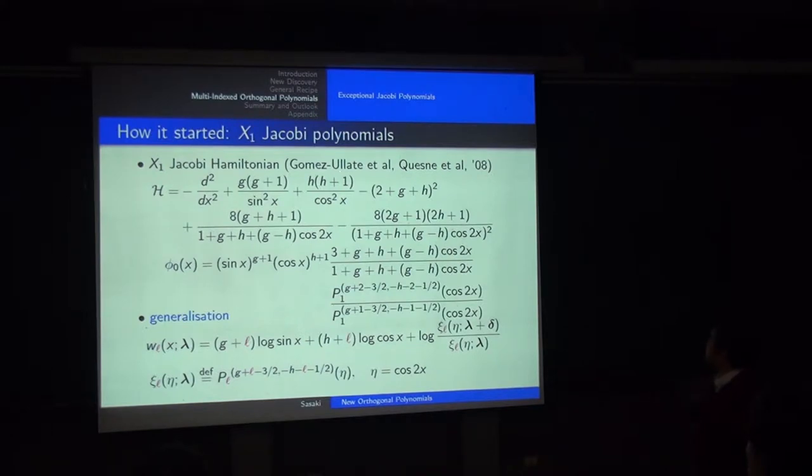And it took me about 10 months to realize that this denominator is just a Jacobi polynomial with shifted parameters, so h changed to 1 minus h or something. So g, instead of g minus 1/2, it's g plus 1/2, g minus 1.